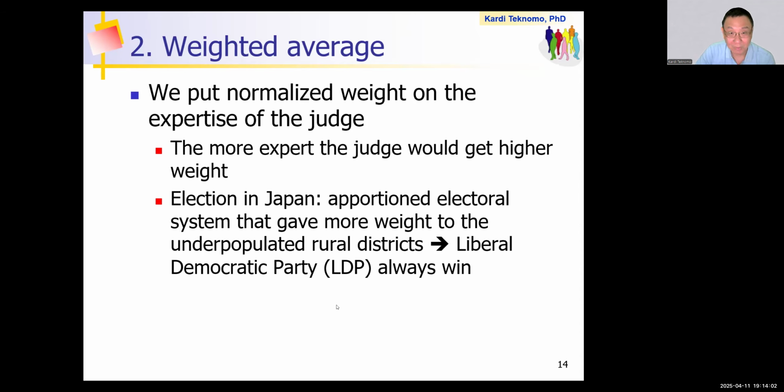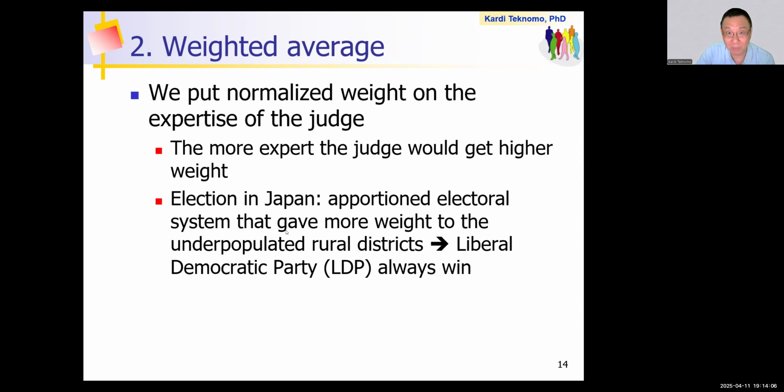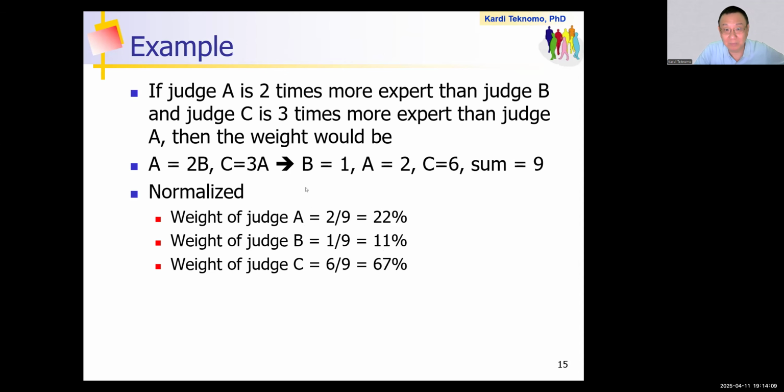Back to the earlier example, if we use the weighted average, what will we have? Now we put the weight on the judges.